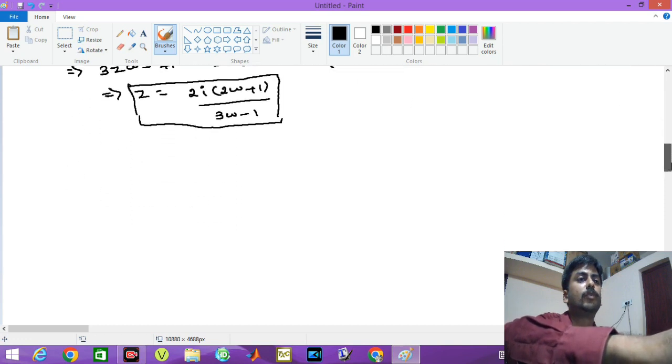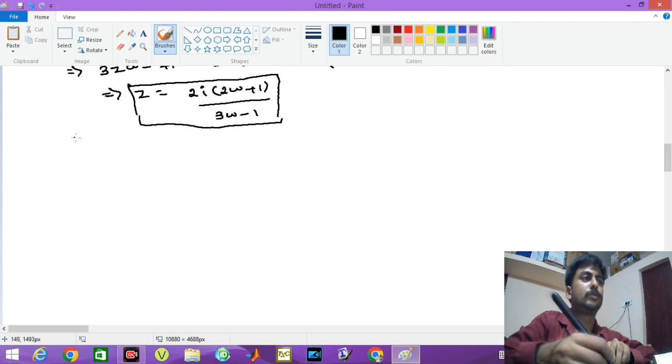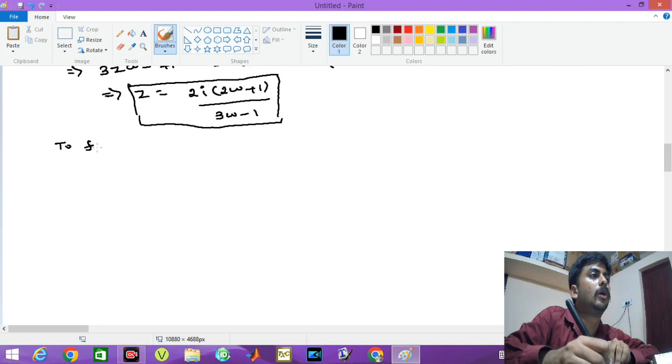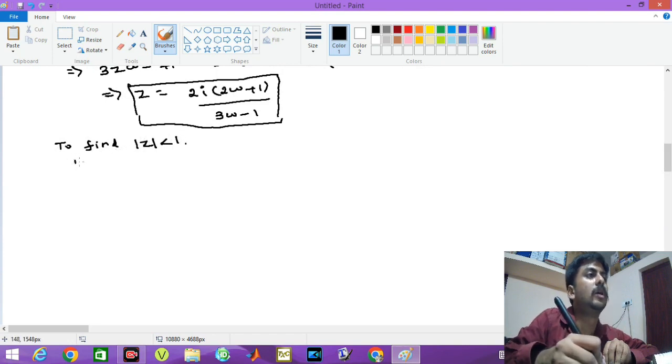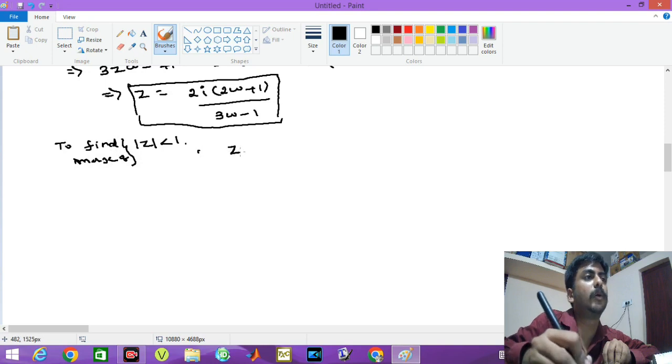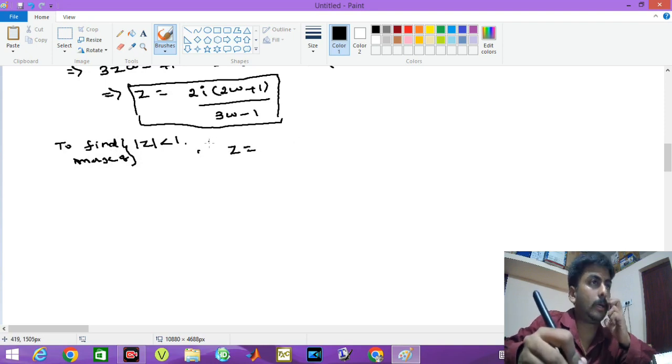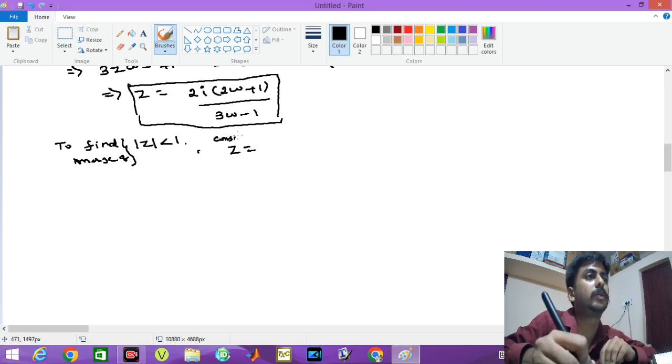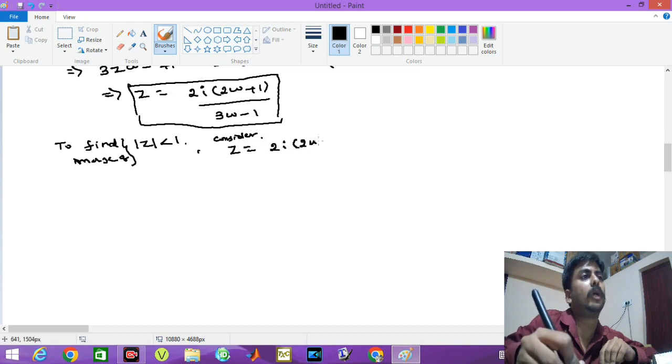To find the image of modulus of z less than 1, consider the above equation z equal to 2i of 2w plus 1 divided by 3w minus 1. What is w? W is u plus iv.